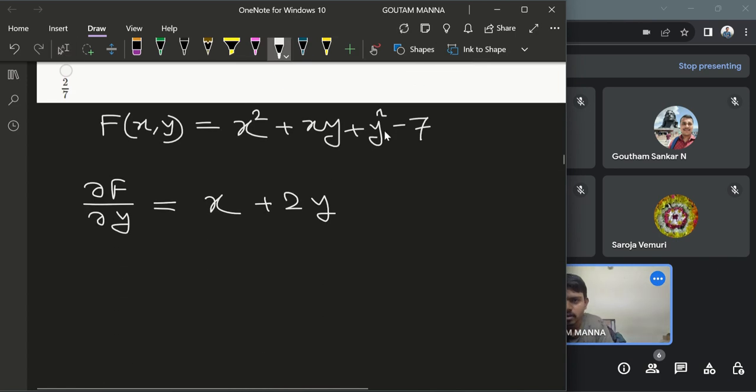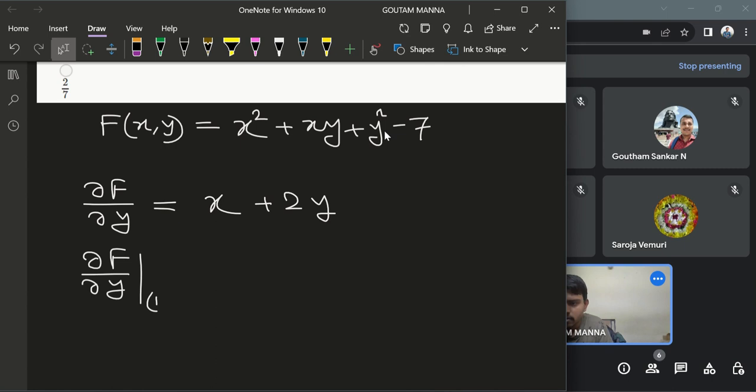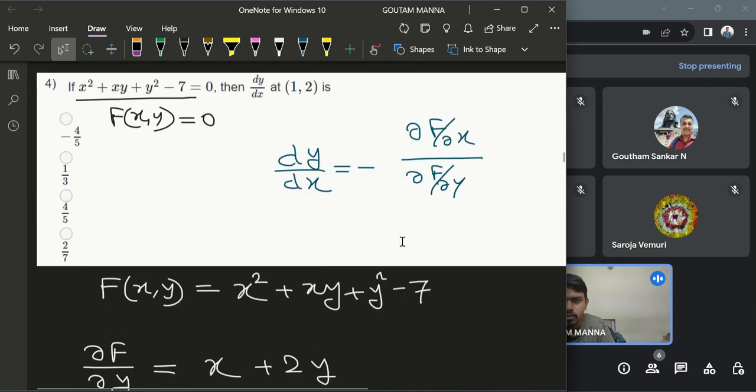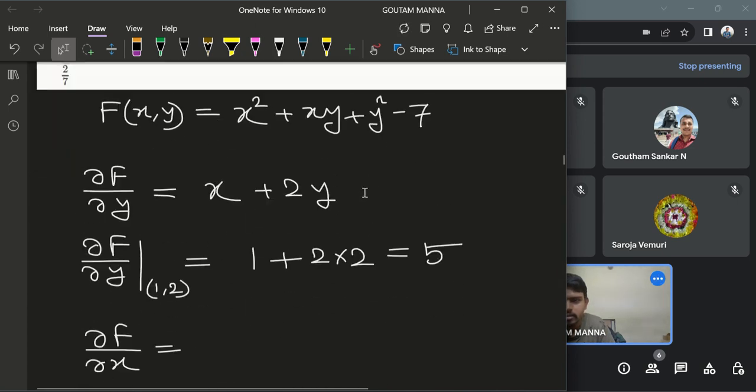So del f del y at 1, 2, it will be x equals to 1 plus 2 times 2, 4 plus 1, that is 5. So del f del y at point 1, 2 is not 0, so we can find dy dx at this point.